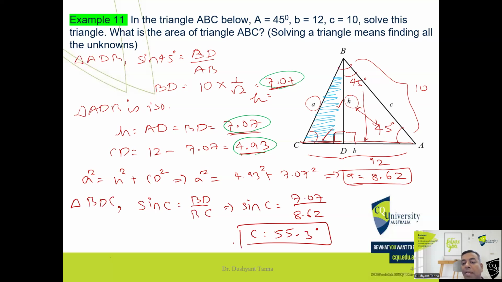I got my capital A, I got my capital C, and capital B will be 180 minus A and C, and therefore capital B will be 79.70. So I got my B, I got my C, I got literally all the unknowns, right?